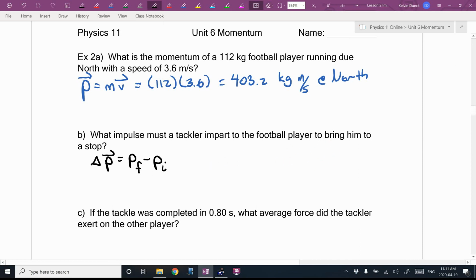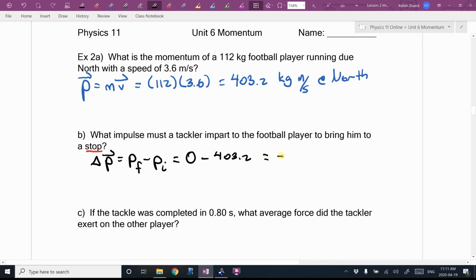I'm going to use this because the fact that we're bringing this person to a stop, I know their final momentum, it's 0, because velocity would be 0. Minus, and I know their initial momentum, it's 403.2.